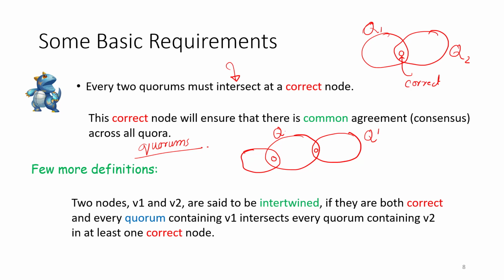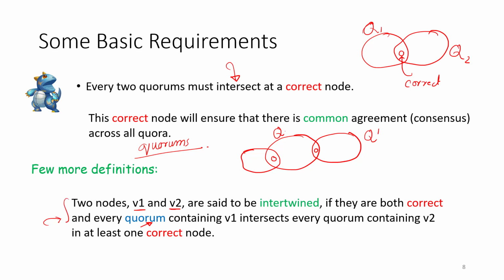Few more definitions. Two nodes V1 and V2 are said to be intertwined if they are both correct. So that's important. Whenever we are talking of nodes with some decision making capability, both of them have to be correct. That is necessary. Furthermore, every quorum that contains V1 intersects every quorum that contains V2 in at least a correct node.